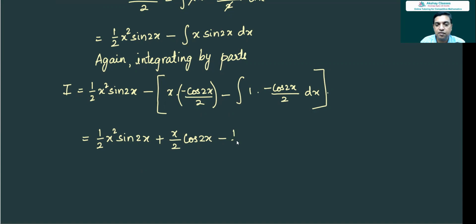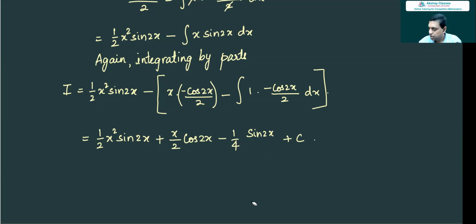minus into minus plus times minus is minus. We get half into integral of cos 2x is sine 2x upon 2. So in effect, we get this as 1 upon 4 times sine 2x plus c.